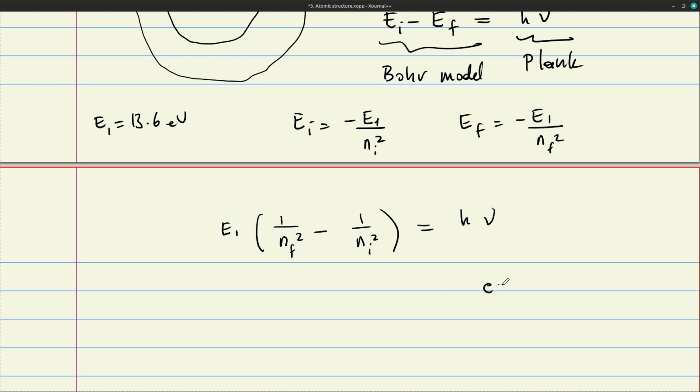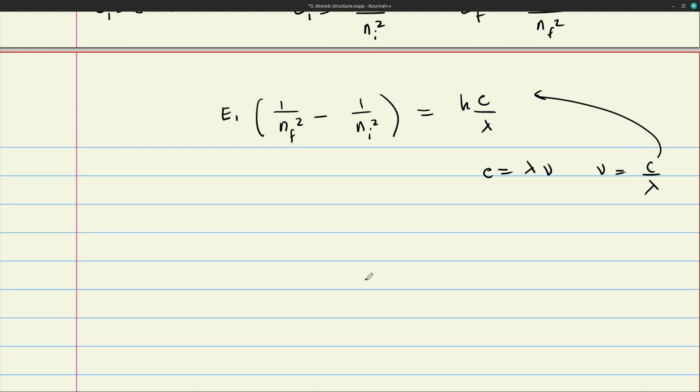But c is equal to lambda times nu, then nu is equal to c over lambda. Put this back here, c over lambda. Then we have 1 over lambda is equal to E1 divided by hc, times 1 over N final squared minus 1 over N initial squared.